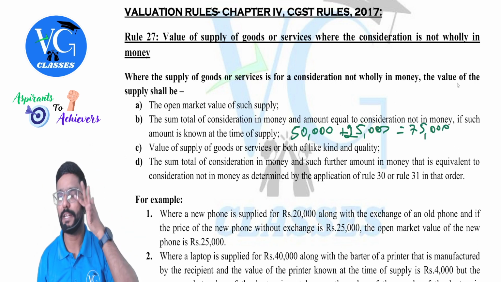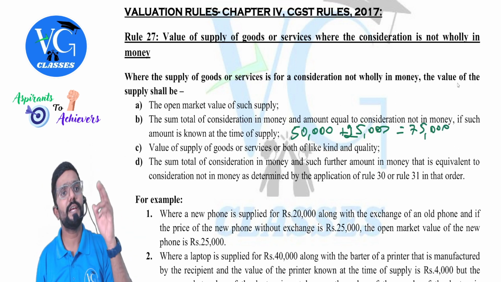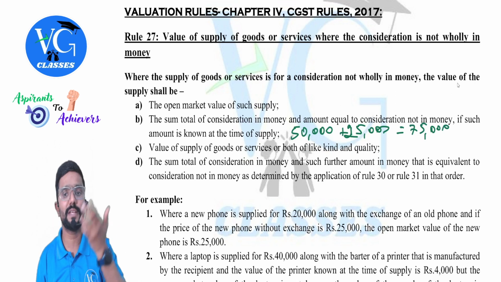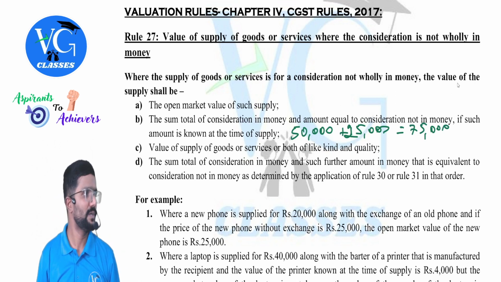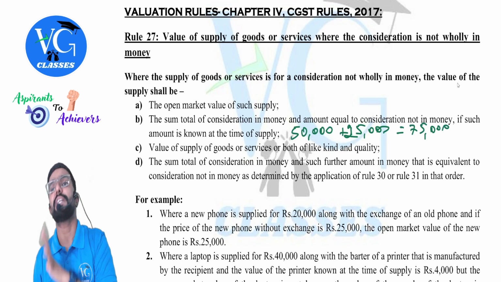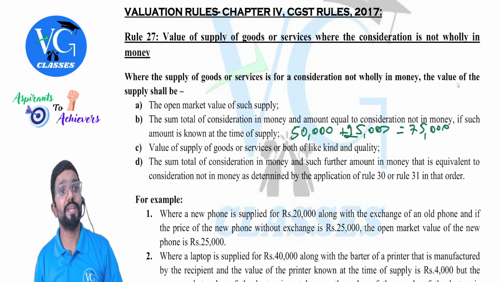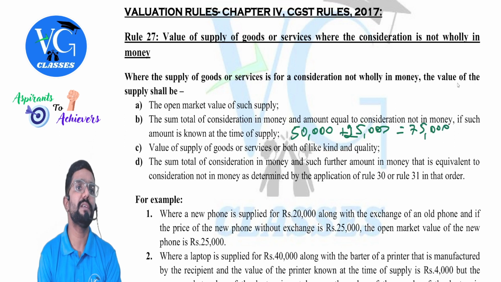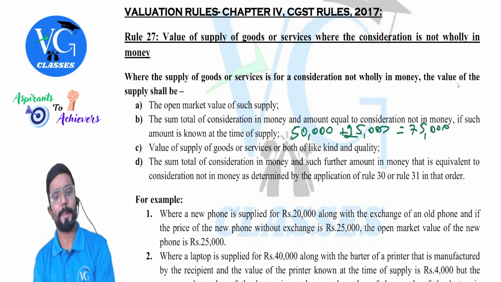You can calculate it on that. Clear, sir? Yes. Whatever value he will give for the consideration in kind. As per my example, I am taking 25. So the value of supply would be 75.